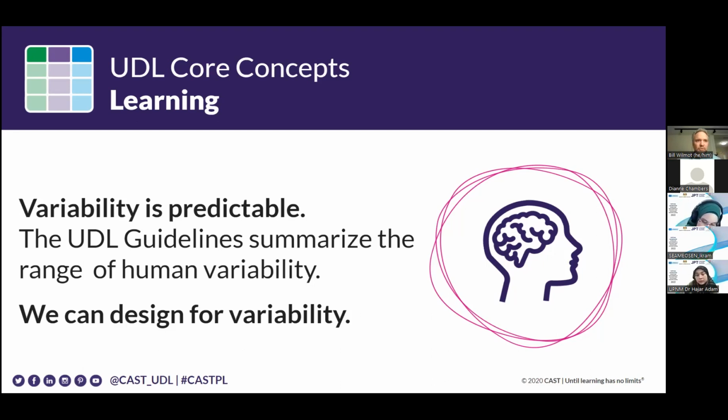And this tool that I mentioned, the UDL guidelines, part of what it does is summarize some of the variability in human learning. Right? It summarizes the range of human variability so that we can design for variability. In the US, a lot of teachers have been taught this idea of designing for the middle of your classroom.